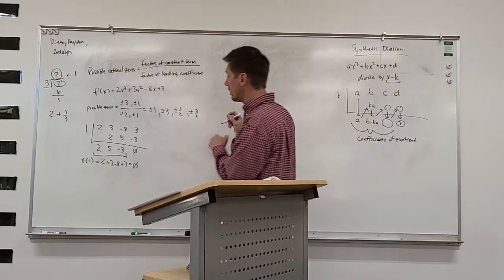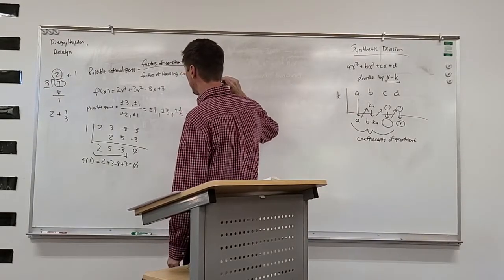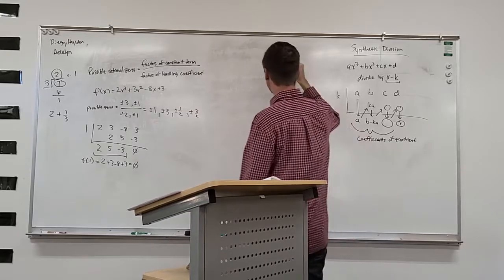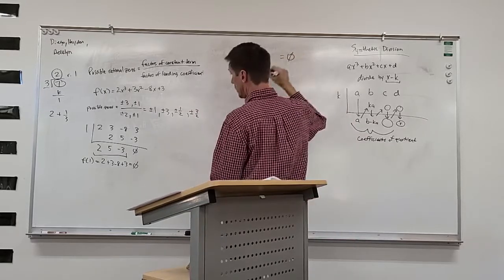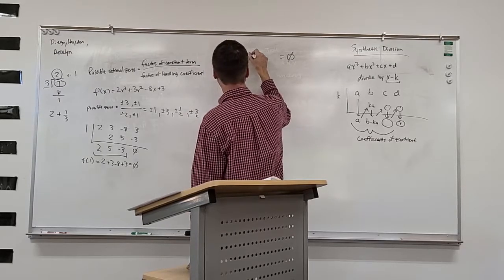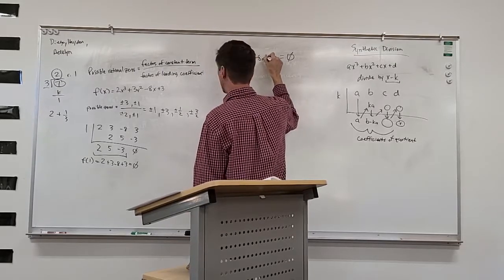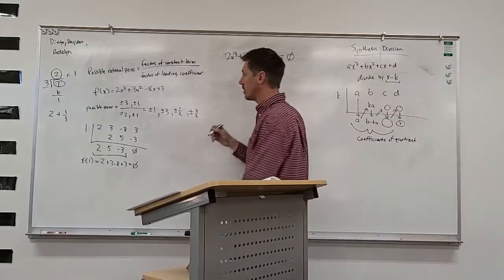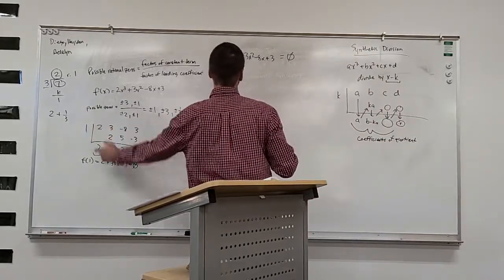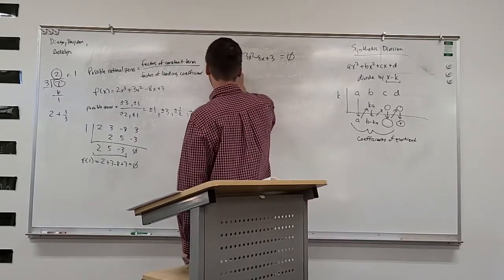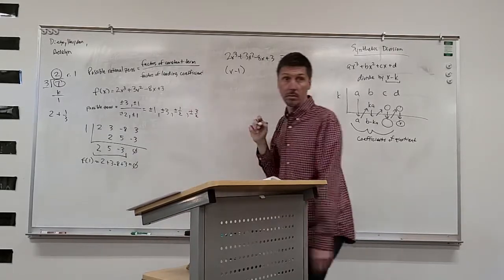What long division just told us is that if I set this function equal to 0, 2x cubed plus 3x squared minus 8x plus 3 equals 0, and I did long division using a zero of 1 and got 0 remainder, then x minus 1 would be my factor term.